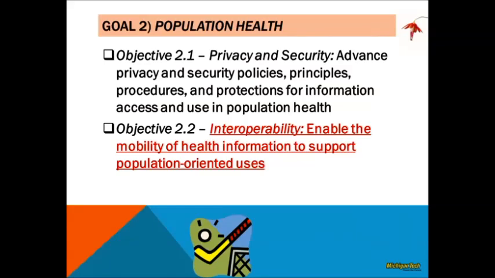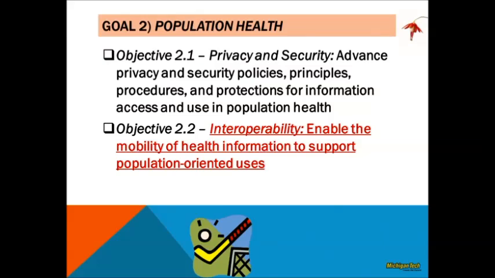The objectives for the second goal are similar to the first goal. Also, we have a privacy and security issue, but this is for the population health. It plans to advance privacy and security policy, principles, procedures, and protections for information access and use in population health.